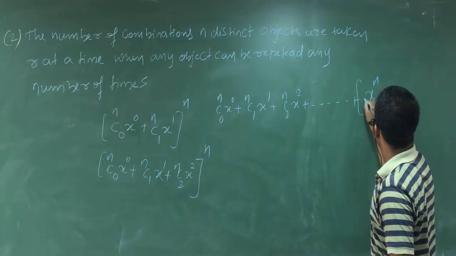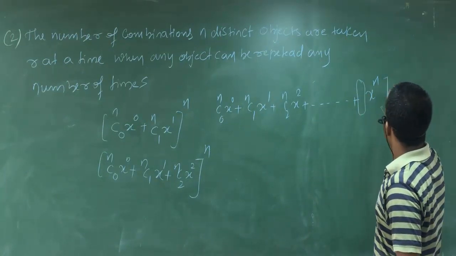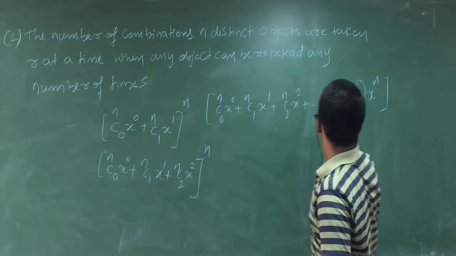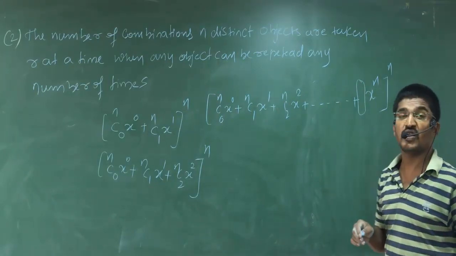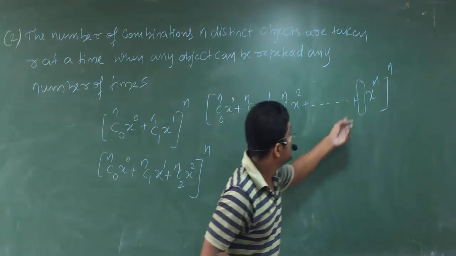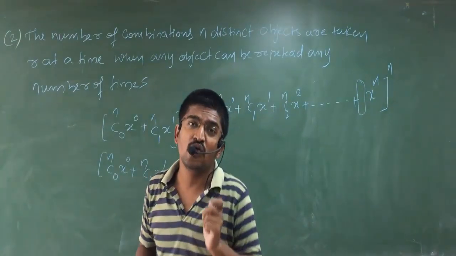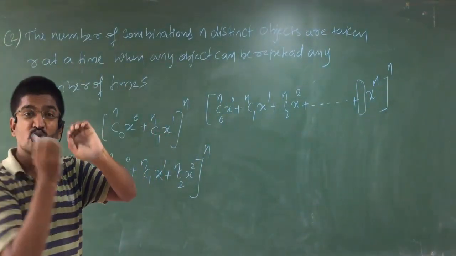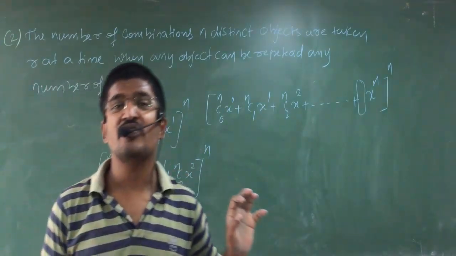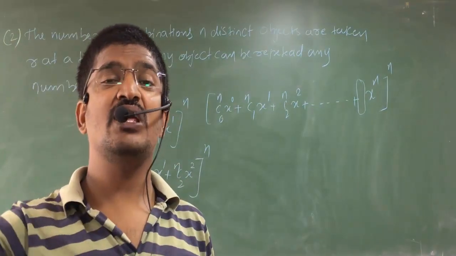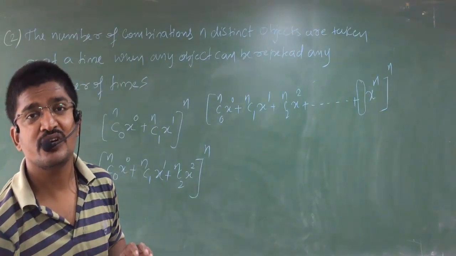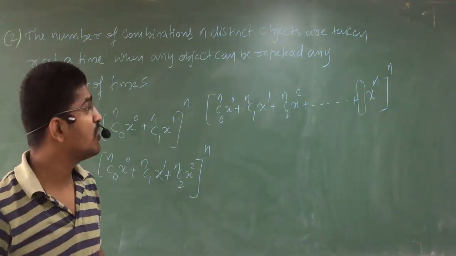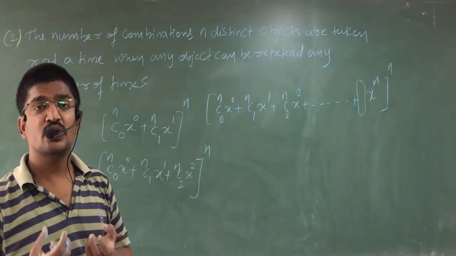Here the whole thing is raised to the power of n. Are you getting my point? This term will give you the number that can be chosen from the r number of elements, and they can be repeated for so many number of times, that means n number of times. It is very essential to understand that.